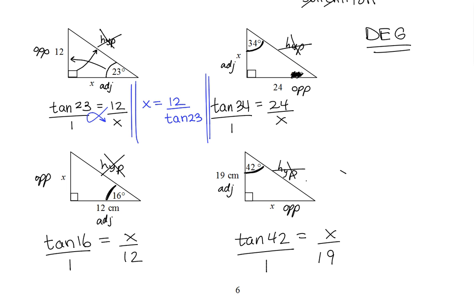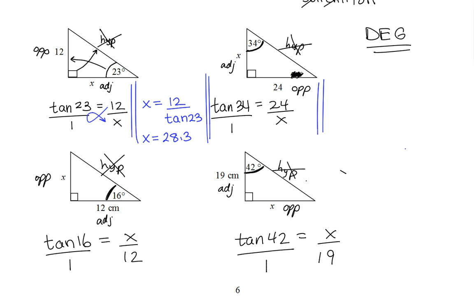X has to be by itself on the top. Okay, 12 divided by tan 23. I got 28.3. You guys okay with that? You should be doing it with me so you get the same answers and make sure you're doing it right.